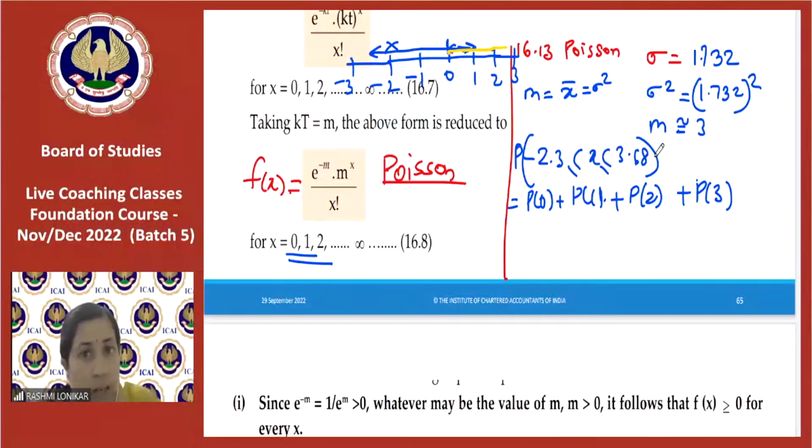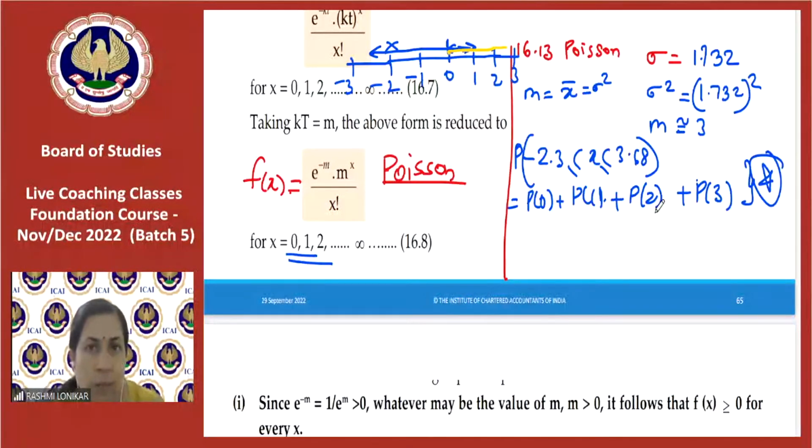So here I can't go to 4, and here I can't go below 0. This is the most important step for Poisson, because it reflects your understanding of whether you remember that Poisson is for discrete variables, and that in Poisson the x value cannot be less than 0.